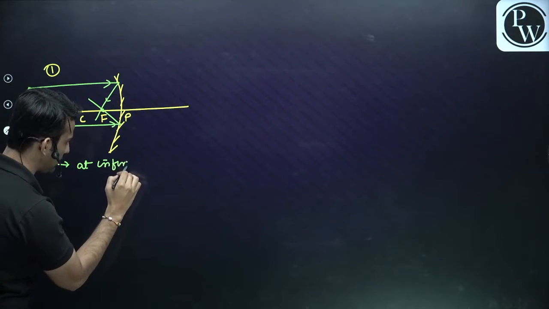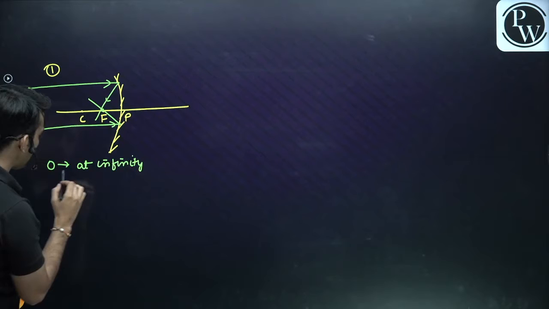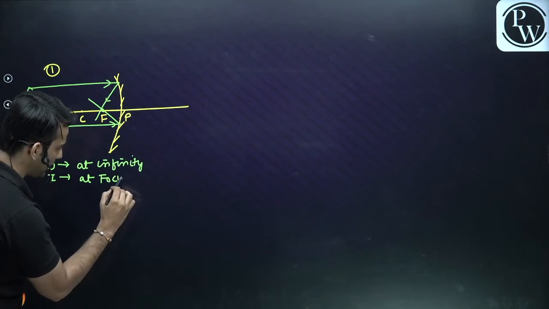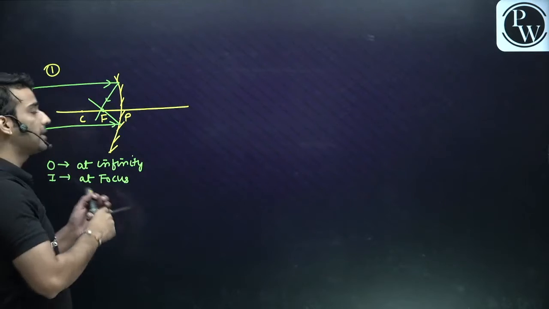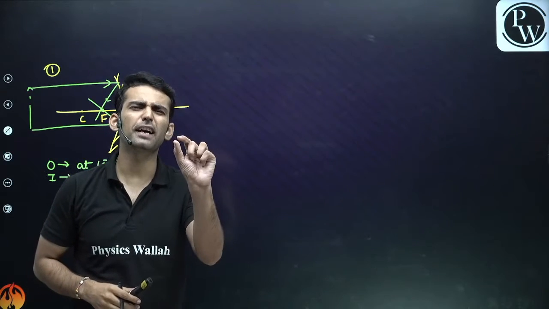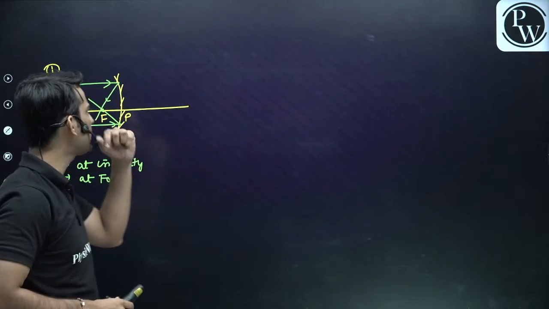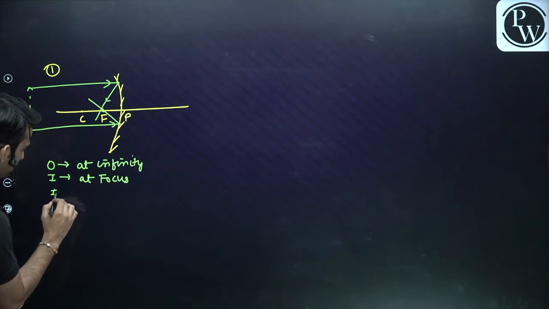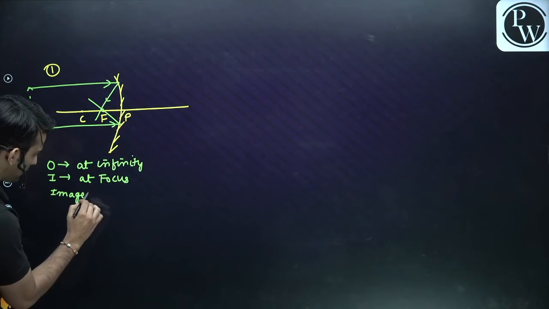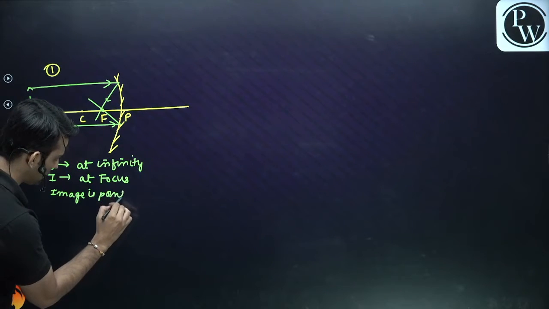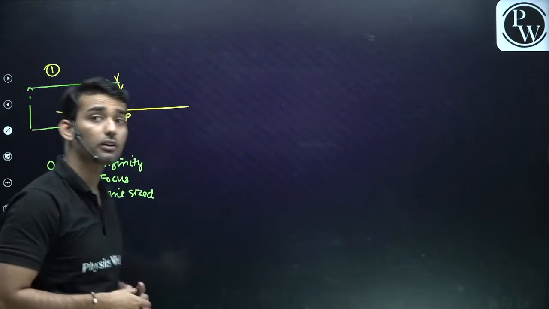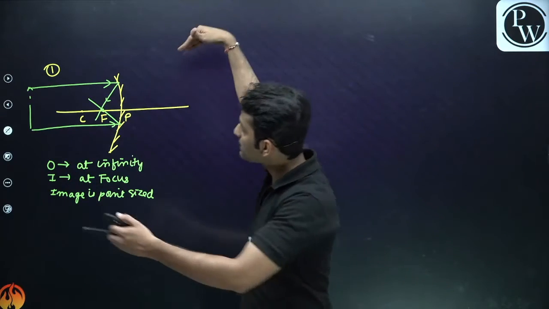So I denote object at infinity. I will be writing this in short. Image at focus, right? Image at focus. And how is the size? The image is point size, highly diminished. It is very, very small, or I can say image size is point size. And whether it is real or virtual, guys, this is a real image, because rays are actually meeting.